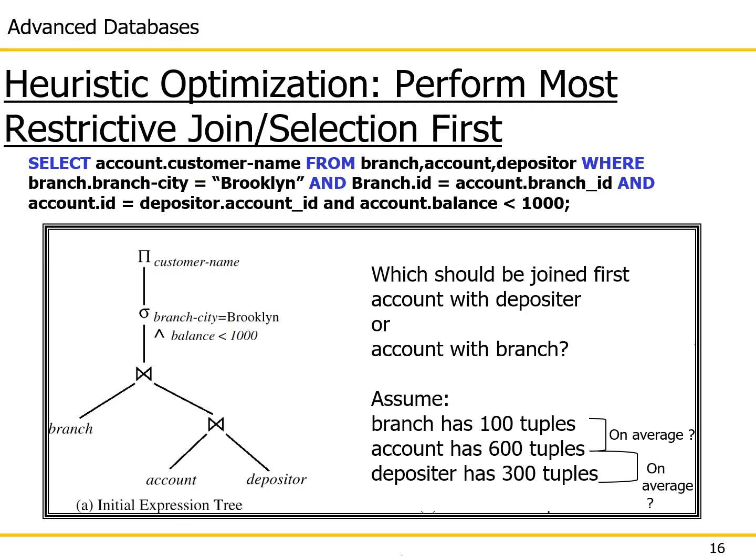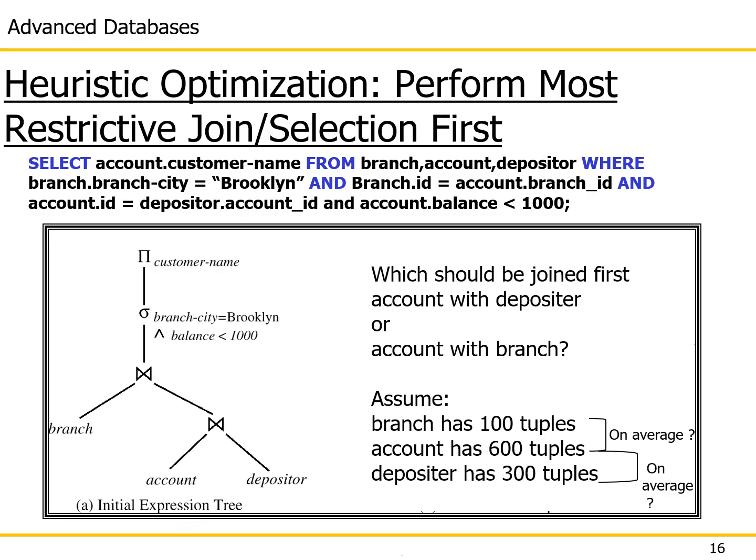The third heuristic is perform most restrictive join and selection first. Now, let's talk about the restrictive join, and the selection will become clearer as a consequence of that. If you look at the tree at the left in the slide here, I'm joining account with a depositor, and then later I join it with branch.